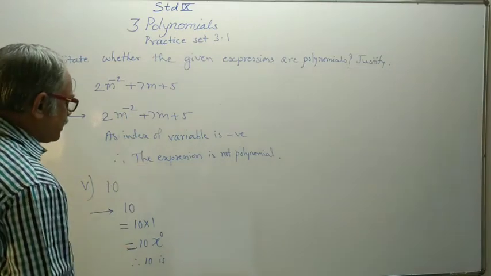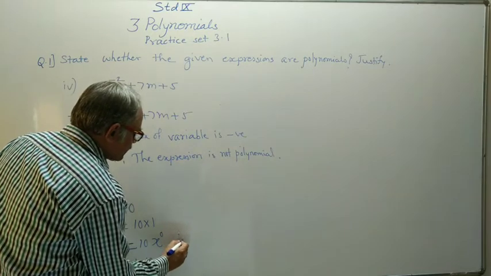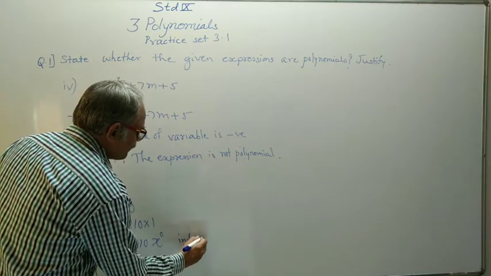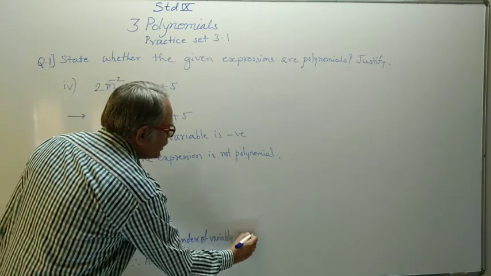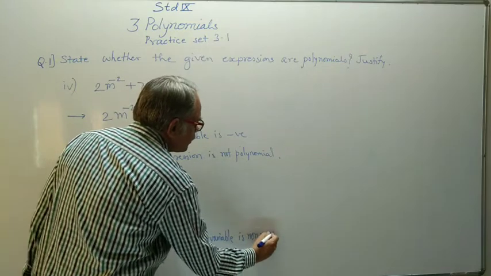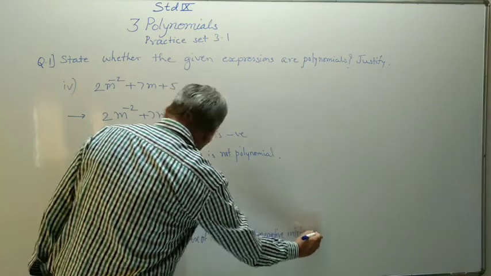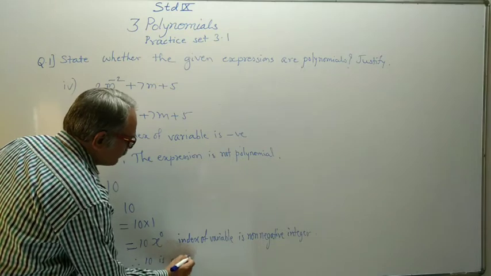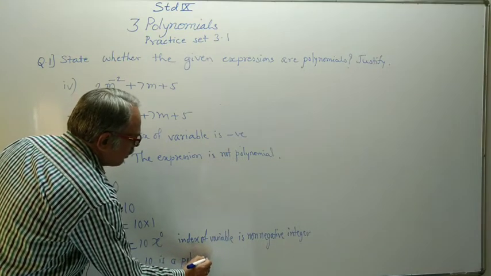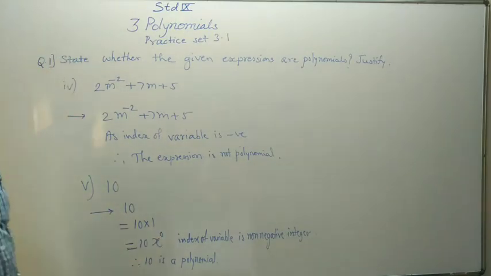Negative is not allowed. The index of the variable is a non-negative integer. 0 is not negative. Therefore 10 is a polynomial. Such a polynomial is called a constant polynomial, and it has degree 0 whenever degree will be asked. Remember it.